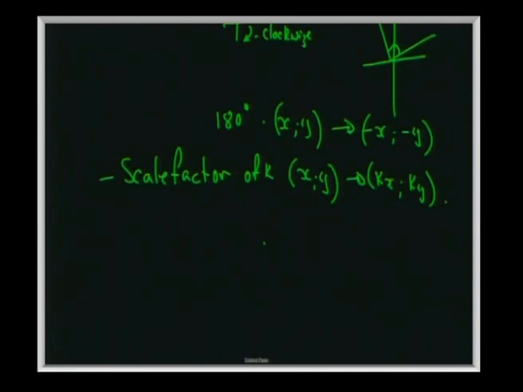And in most cases, our area from the original to the transformation would be multiplied by k squared. All right. Transformations in a nutshell. Get out there, be the best you can be, and have fun.